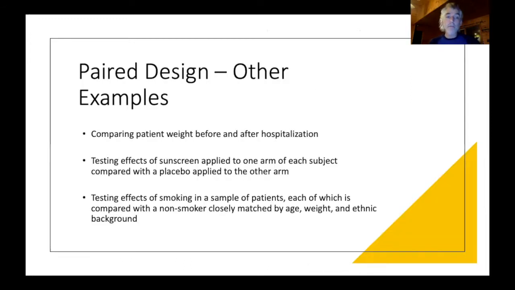Some other examples of paired statistical designs could include comparing a patient's weight before and after hospitalization, testing the effects of sunscreen by applying sunscreen to one arm and a placebo to the other arm of the same individual, or finally, in some clinical trials where treatments can't be applied to the same individuals, what the researchers will do is to intentionally match subjects by age, weight, ethnicity, and other categories with another individual with those matching characteristics, assigning each individual to one of the two treatments.